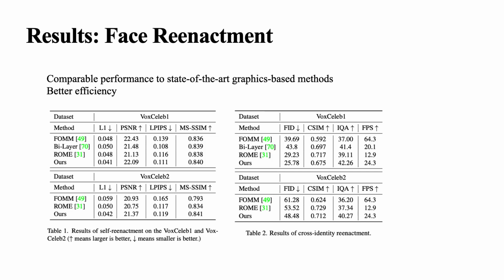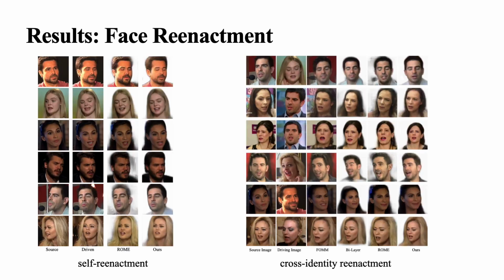Moreover, our method can bring much efficiency. Here are some examples for both self-reenactment and cross-identity reenactment. We can see that our method generates well on different unseen subjects and different head poses.